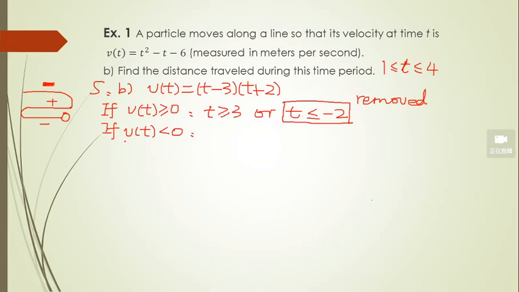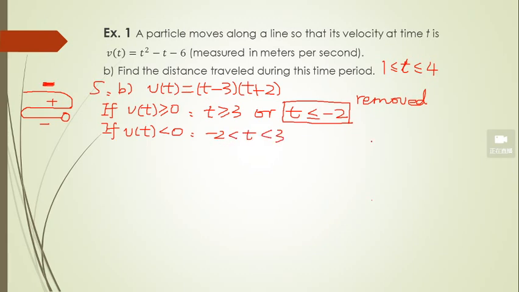Now let's solve when velocity is negative. Velocity is negative, which means one of the terms is positive and the other is negative, right? Then the product, the velocity, will be negative. So my t should be between minus 2 and 3.